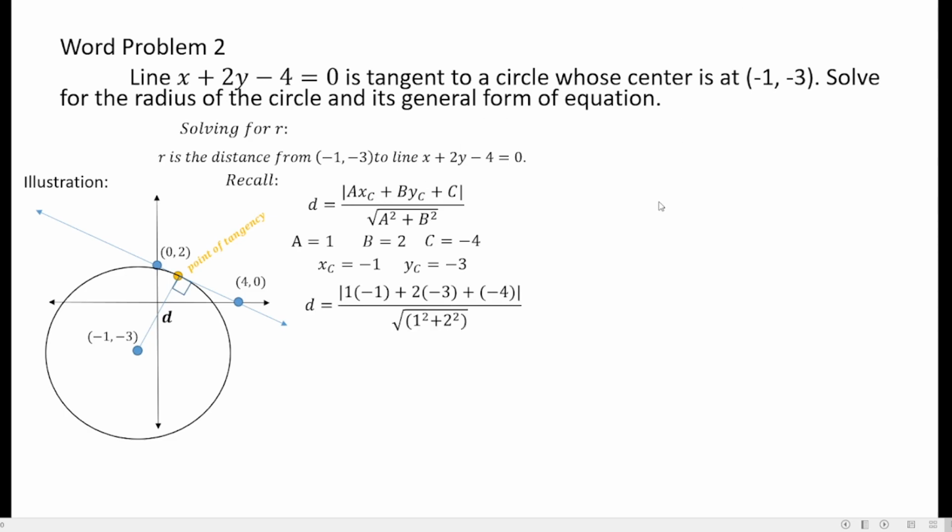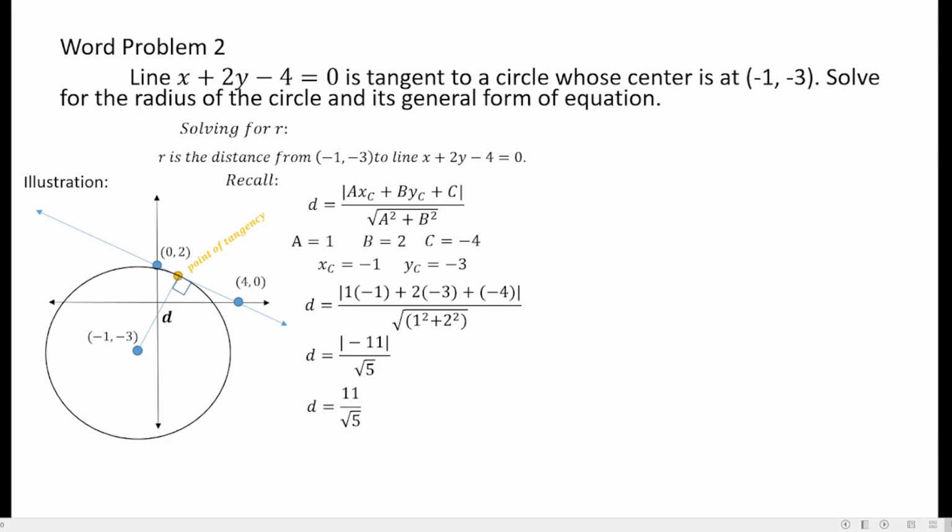So you will now have the absolute value of 1 times negative 1 plus 2 times negative 3 plus negative 4, all over the square root of 1 squared plus 2 squared. So from here, you will come up with the absolute value of negative 11 all over the square root of 5. You may use a calculator to be more accurate, to be more sure in your answers. Then, using the absolute value concept, you will come up with positive 11 all over the square root of 5.